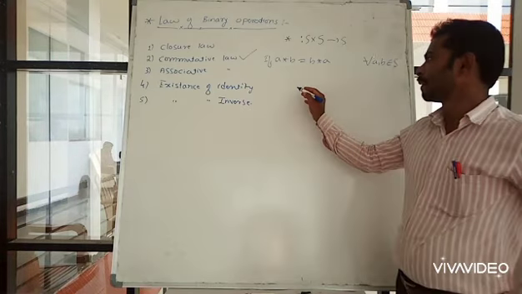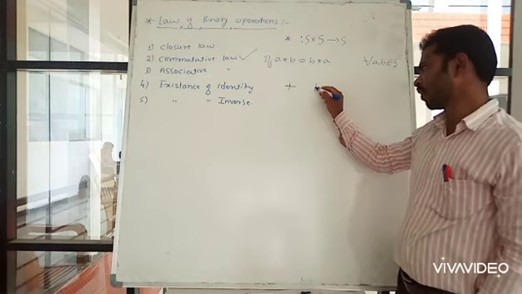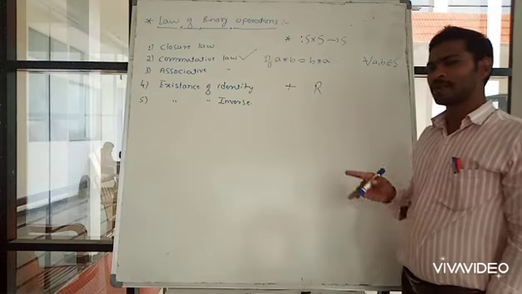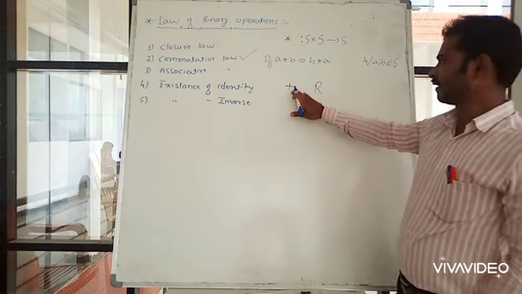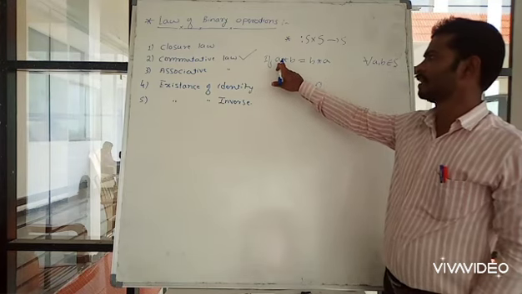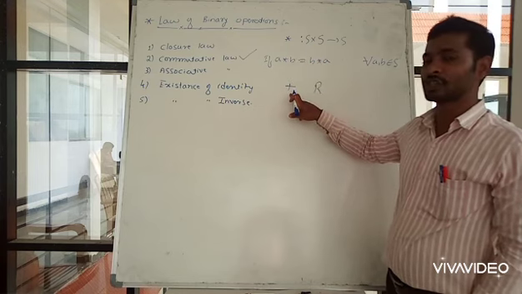Similarly, if you consider addition as a binary operation on the set of all real numbers, is this addition commutative or not? If it is commutative, then this condition must be satisfied, meaning A star B equals B star A. Here star means addition.